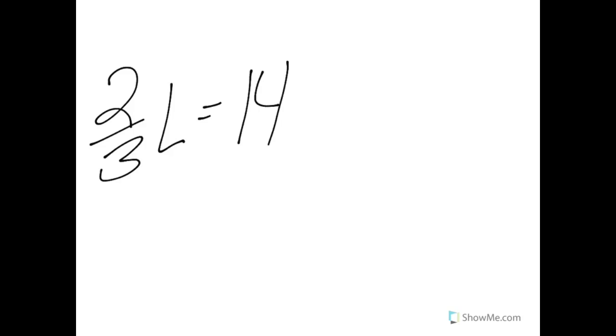Okay. Let's say I asked you to solve for L. I have 2/3 times L equals 14. Well, since this is multiplication, I need to get this 2/3 onto the other side of the equal sign. The way to do that is to divide it out. So if I divide that by 2/3, that cancels out.